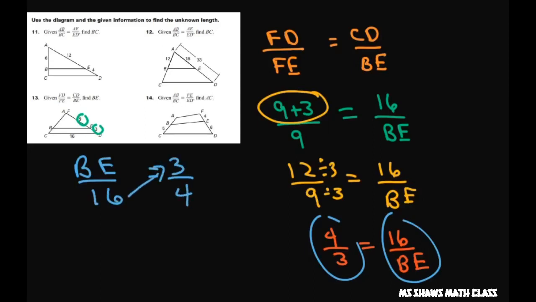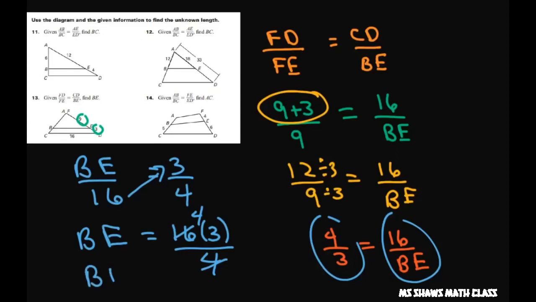I'm going to cross up like that. So BE equals 16 times 3 divided by 4. 4 goes into 16 4 times. So 4 times 3 is 12. So BE equals 12. So this would be 12 right here.